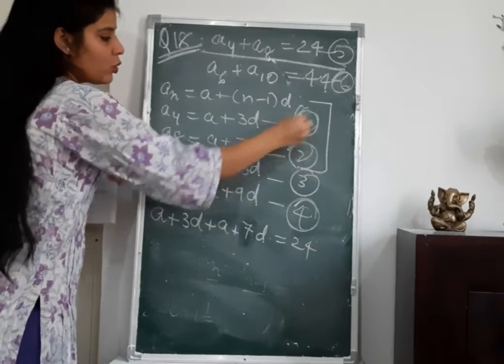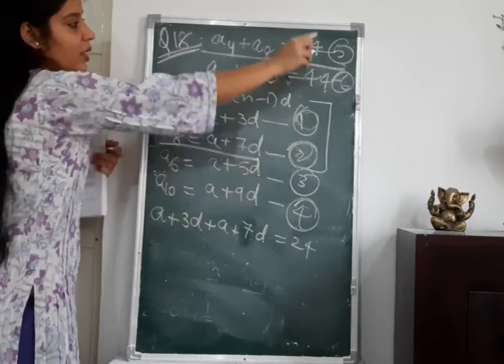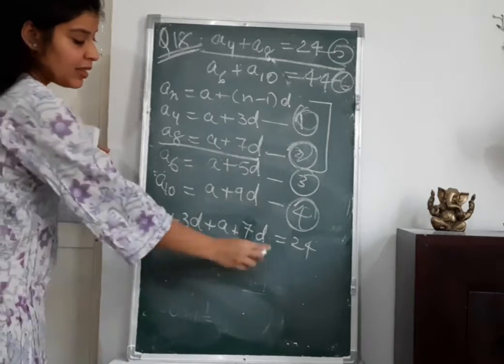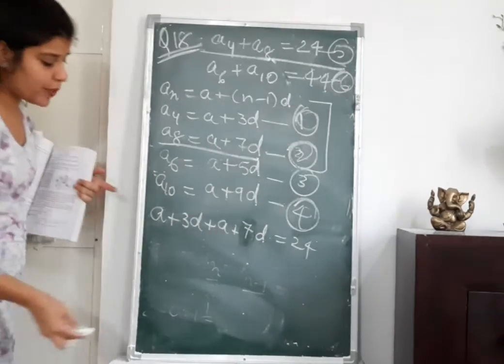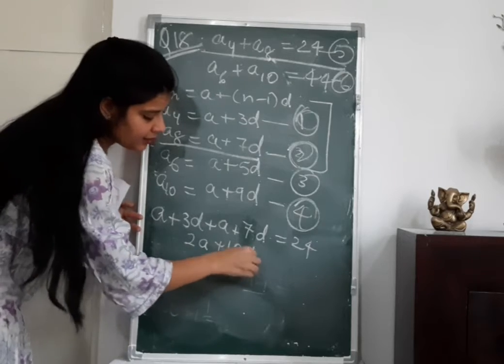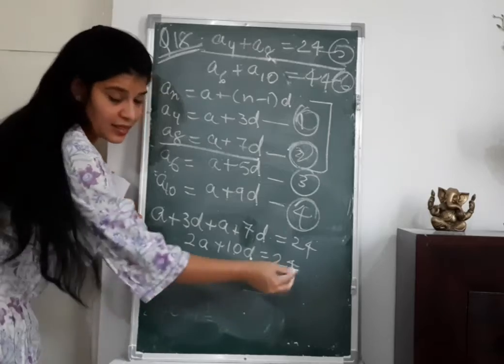So from 1 and 2, I am putting these in equation 5, A4 as A plus 3D, A8 as A plus 7D, that is equal to 24. That gives me 2A plus 10D is equal to 24. 2 can be cancelled from both the sides.